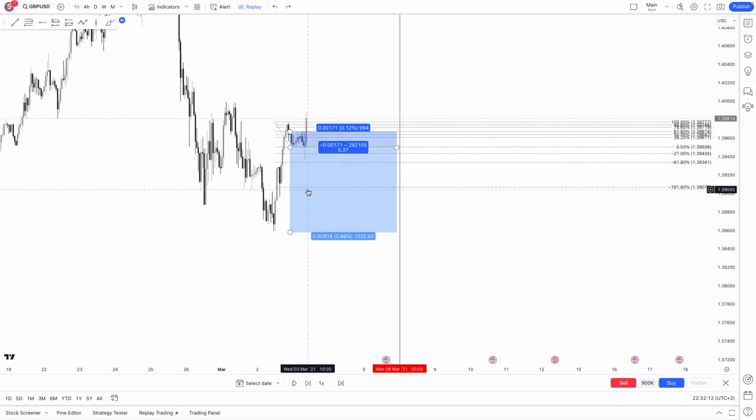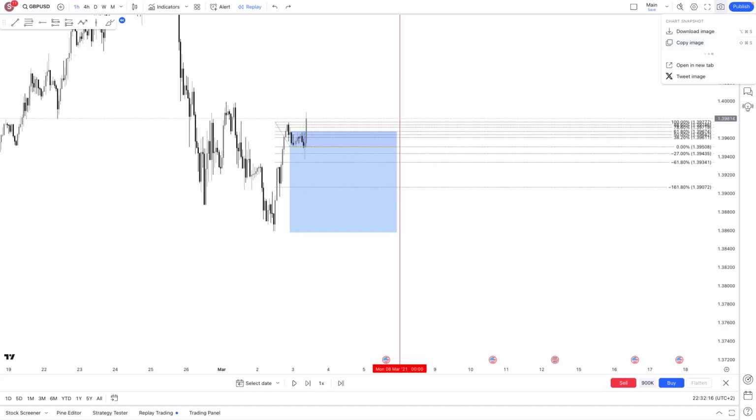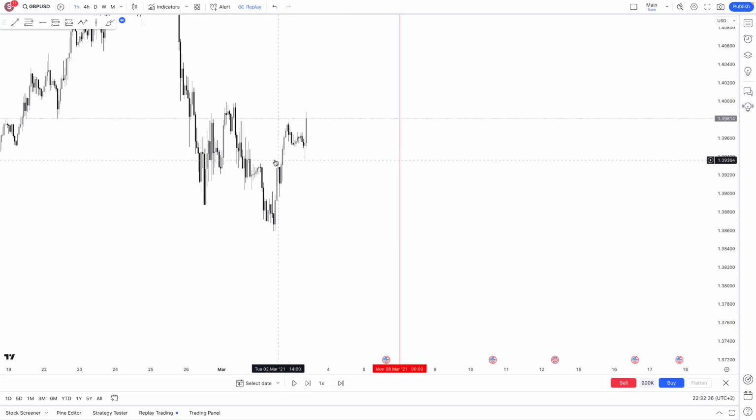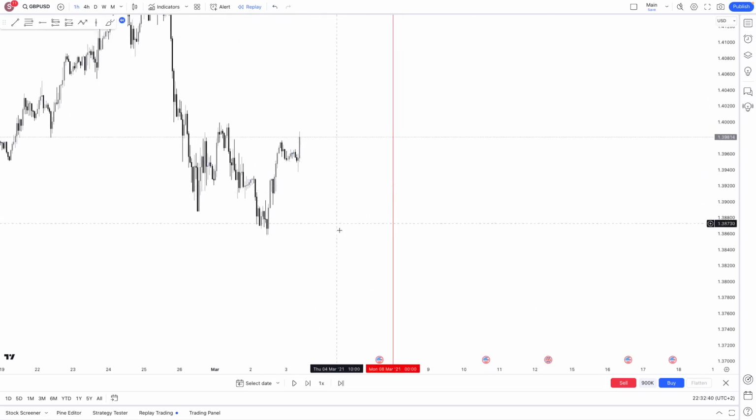Okay, I'm out for negative 0.12%. So this still does not change my bias.